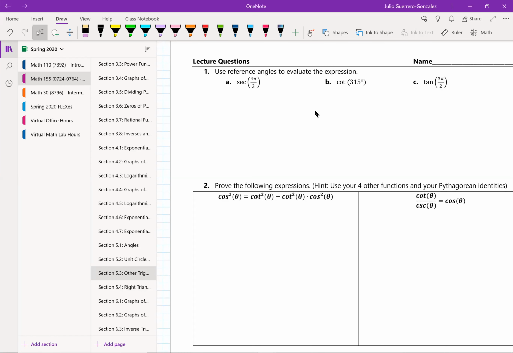Would it just be, since it's cotangent squared, you just do 1 over sine over cosine, then times 1 over sine over cosine, minus 1 over sine over cosine times 1 over sine over cosine, then times cosine? But since it's subtracting, the two of the 1 over sine over cosine would cancel out, so then it would just be 1 over sine over cosine times 1 over sine over cosine times cosine.